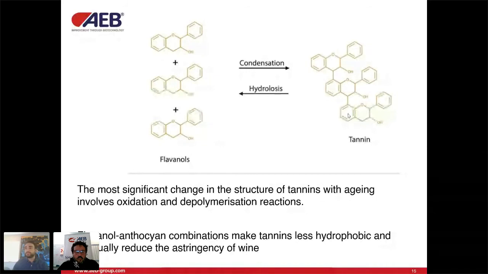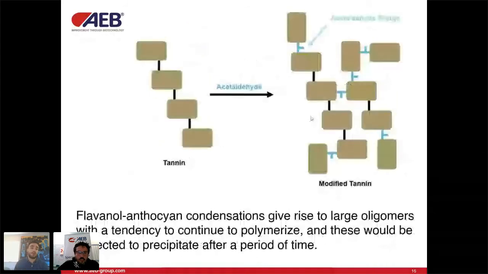Also, because of the aldehyde formation we talked about before, aldehyde helps condense the tannins with each other, and when they reach a bigger molecular size, they can precipitate out of your wine, again reducing the astringency and the bitterness of your wine.